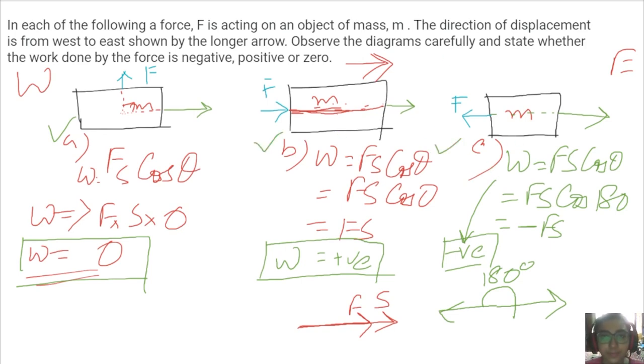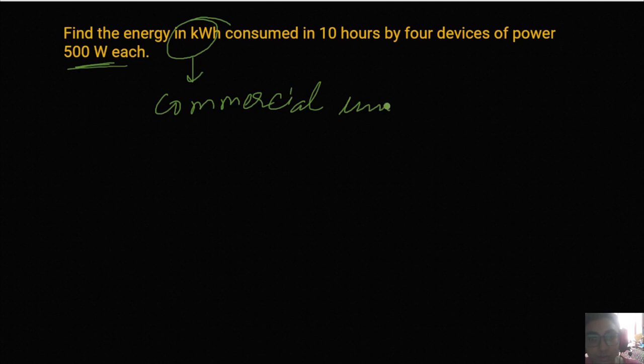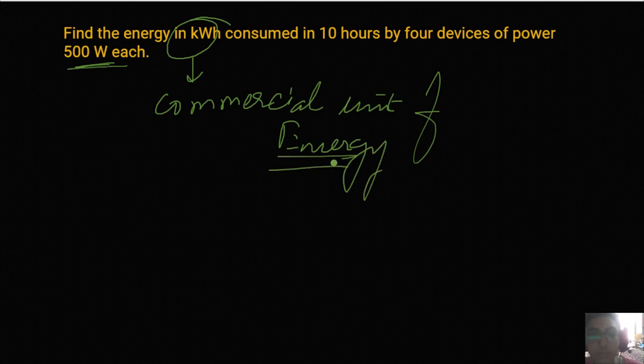Very simple. Okay. So here, find the energy in kilowatt hour consumed in 10 hours by 4 devices of power 500 watt each. In the previous discussion we had talked about the fact that kilowatt hour is basically the commercial unit of energy.